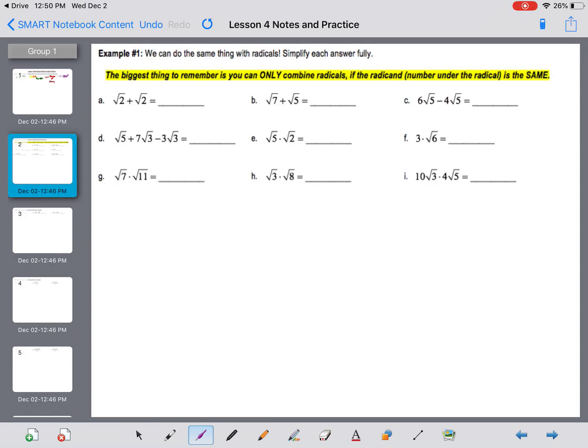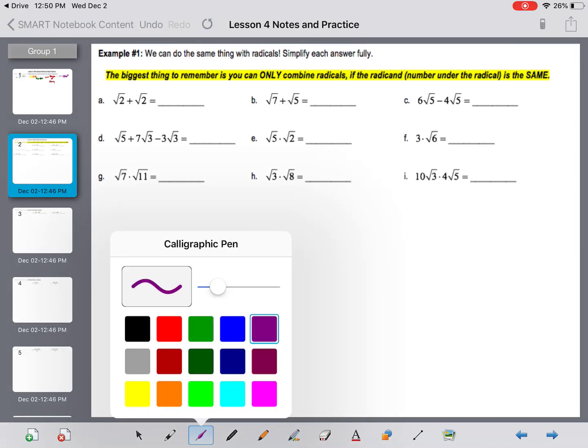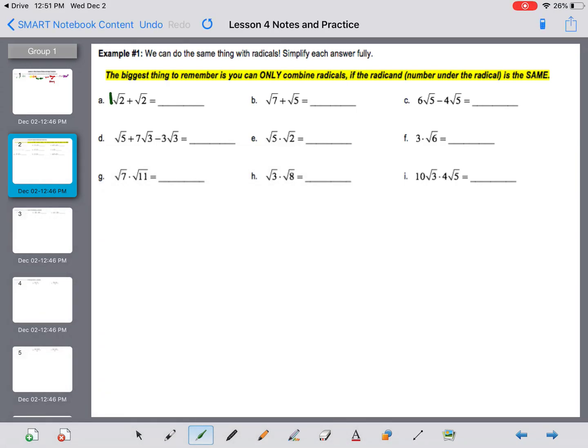We can use this to help us combine radicals or do operations with radicals. So adding radicals, subtracting radicals, multiplying radicals. So we take a look at A. We have radical 2 plus radical 2. That is just like doing x plus x. They each have a coefficient of 1, and they're like terms because they are the same radical. So here we just are going to add the numbers.